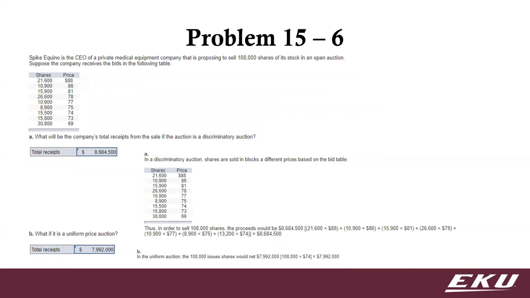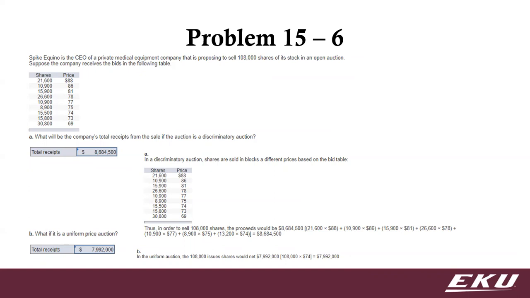If it is a discriminatory auction, then they're sold in blocks based on what the price was. So we say, okay, you're willing to pay 88, so we let you, you're only willing to pay 86, so we let you, you're only willing to pay 81, so we let you, and so on, until we account for all of the 108 thousand shares.